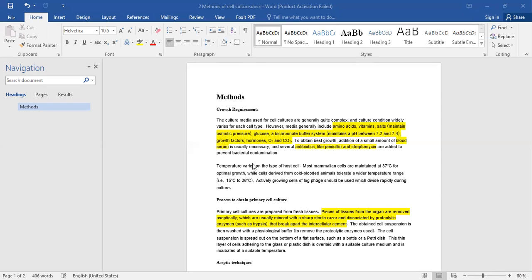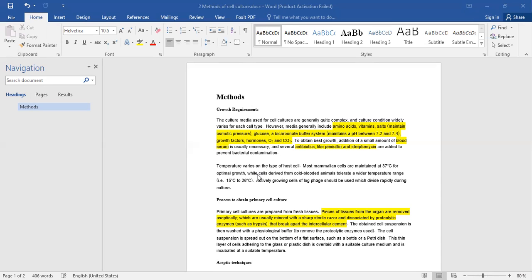The next requirement is temperature. As we know, humans survive at 37 degrees centigrade, that is our basic temperature. Similarly, the cells of animal cell culture also survive at the same temperature, 37 degrees centigrade, for optimum growth.